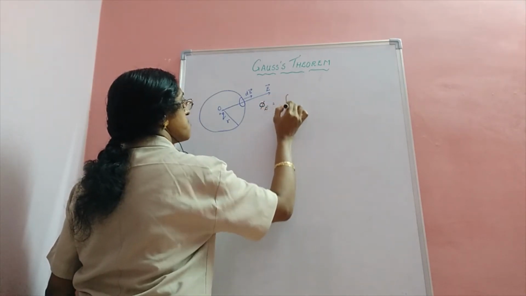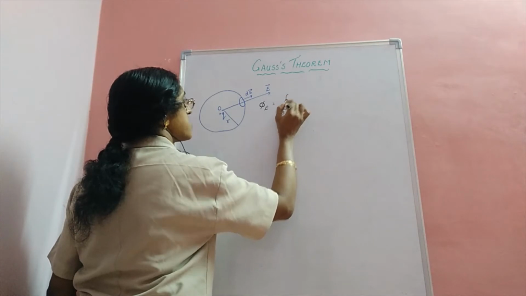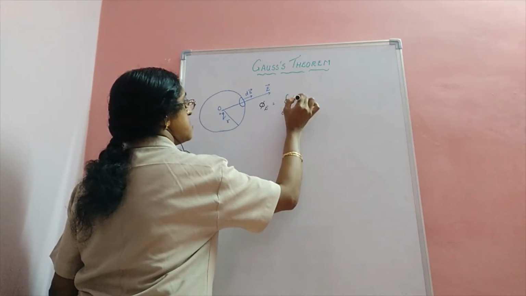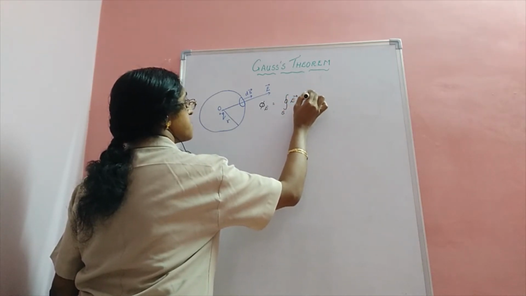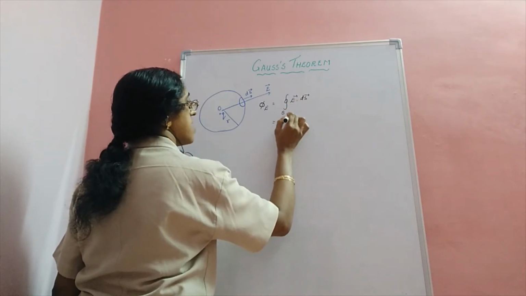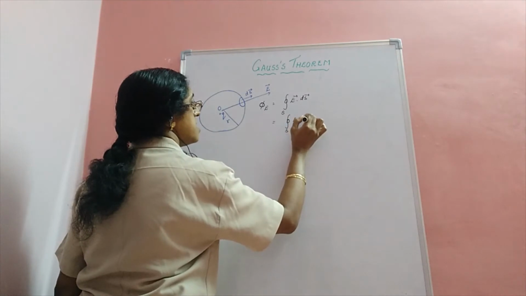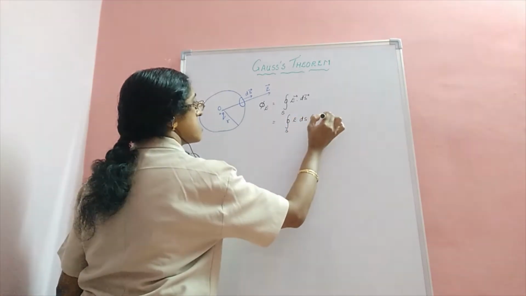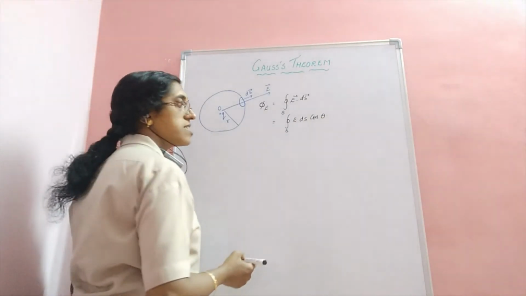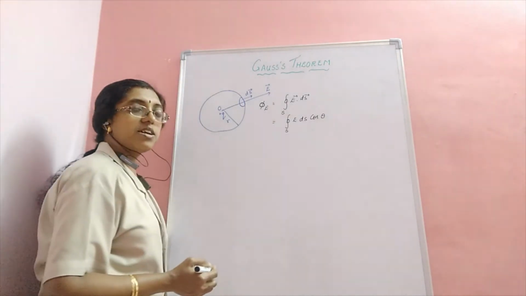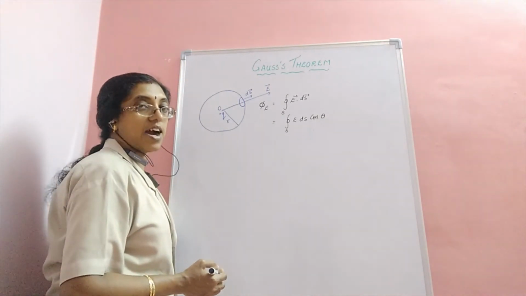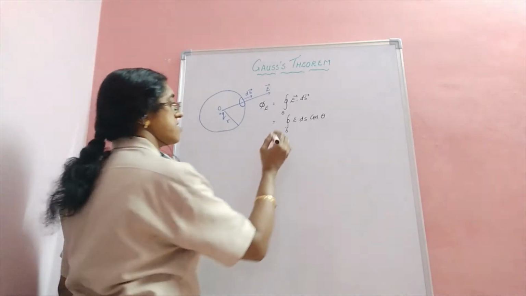is equal to the integral over the closed surface S of E dot ds, which can be written as the integral over the closed surface of E ds cos theta. What is theta? Theta is the angle between the electric field lines and the normal to the surface.